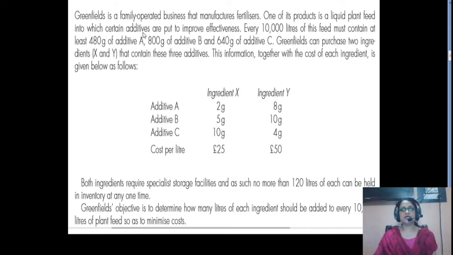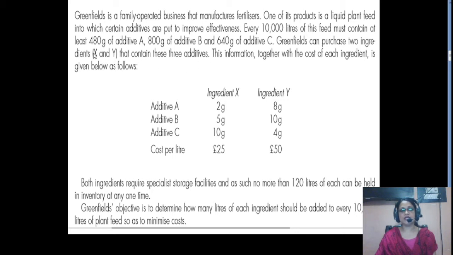Greenfields is a family operated business that manufactures fertilizers. One of its products is a liquid plant feed, into which certain additives are put to improve efficiency. Every 10,000 liters of feed must contain at least 480 grams of additive A, 800 grams of additive B and 640 grams of additive C. Greenfields can purchase two ingredients X and Y that contain these additives.